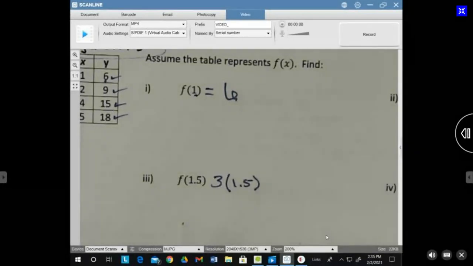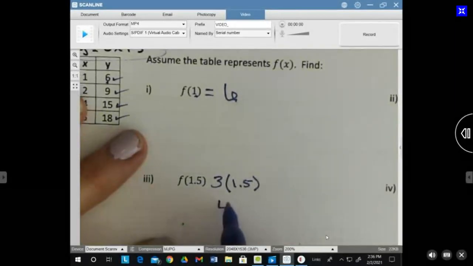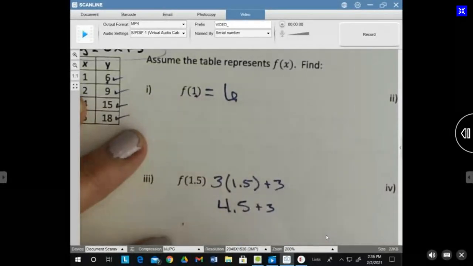What's half of 3? 1.5. So I've got a 3 and a 1.5. What's 3 times 1.5? 3 plus 1.5. Good. Plus 3? Good.